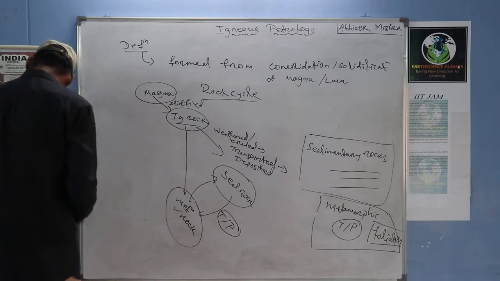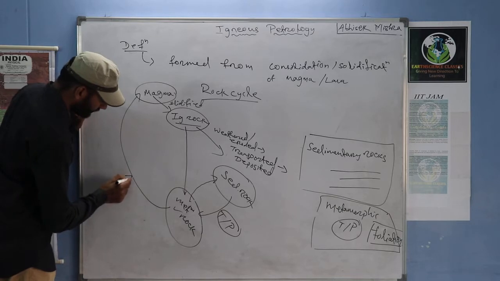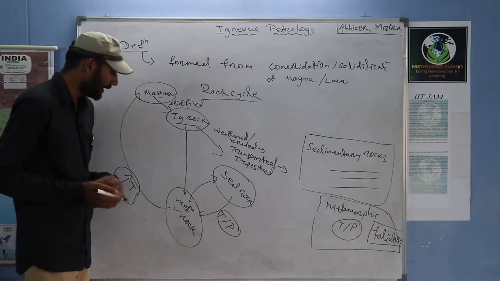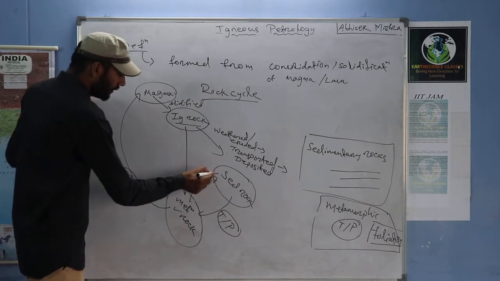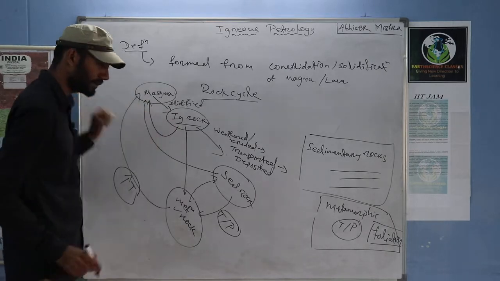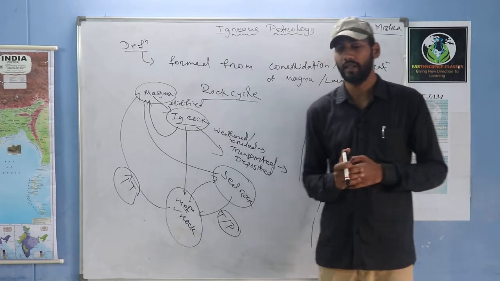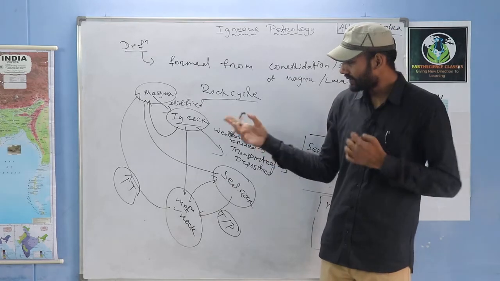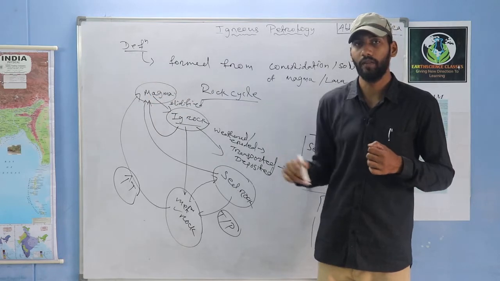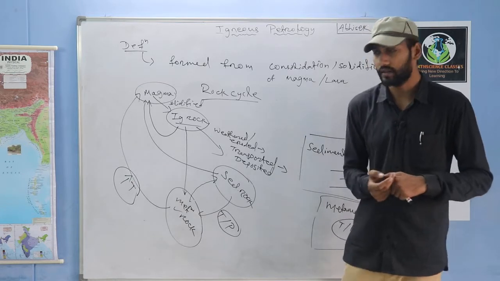This metamorphic rock, if I change the temperature and pressure more, if I increase the temperature more, if I increase the depth more, either for this metamorphic rock or this sedimentary rock or this igneous rock itself, what will happen? They will produce magma, they will transfer into liquid state, right?